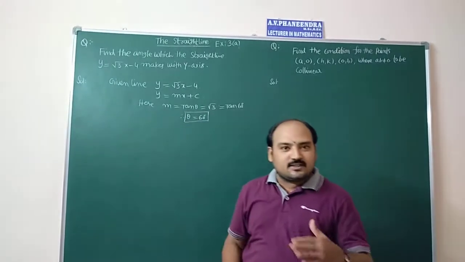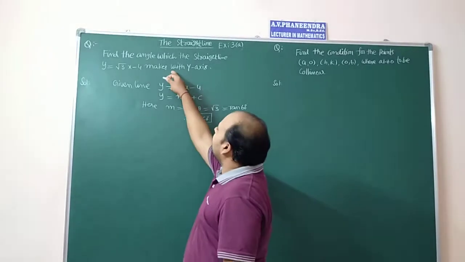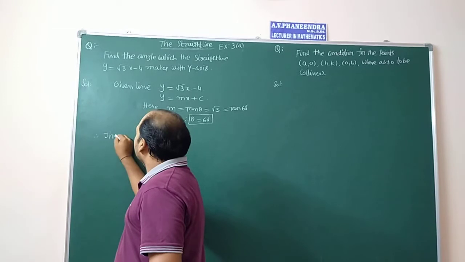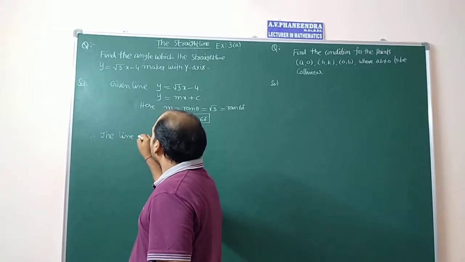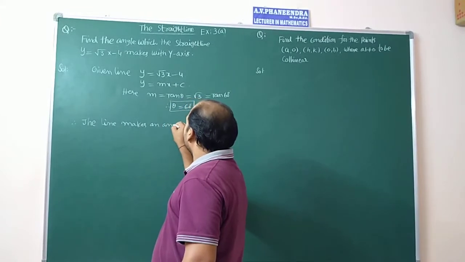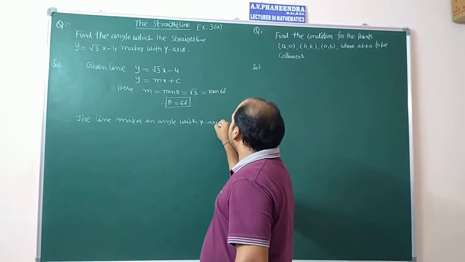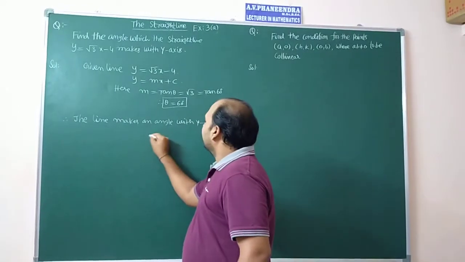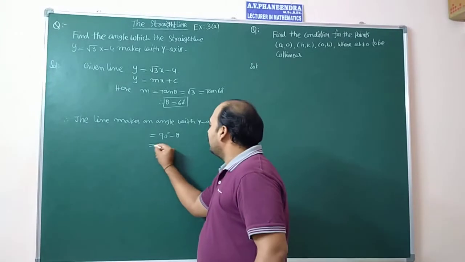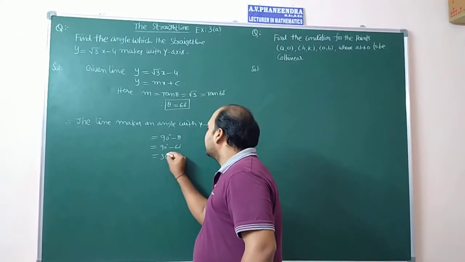This angle is with the x-axis, but they are asking for the angle with the y-axis. So therefore the line makes an angle with the y-axis of 90 minus theta, which is equal to 90 minus 60 degrees, which is equal to 30 degrees.